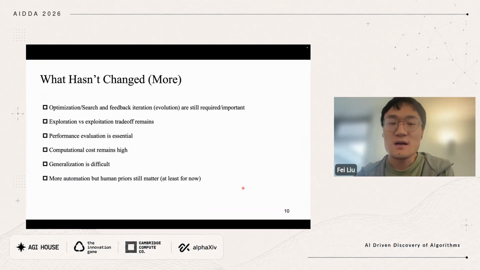But more things have not changed. For example, we still need an iterative search pipeline to make it effective. We have the exploration and exploitation trade-off, diversity considerations, and generalization issues. Out-of-distribution generalization is hard.